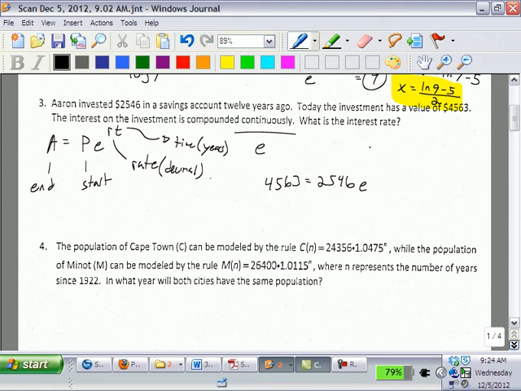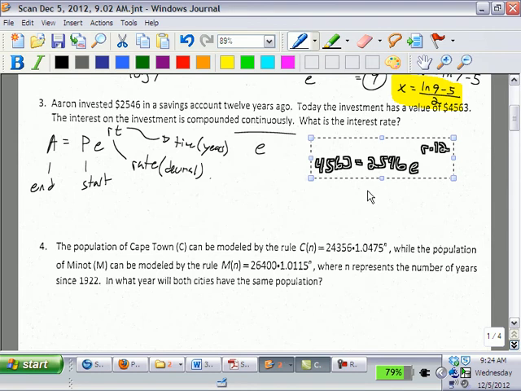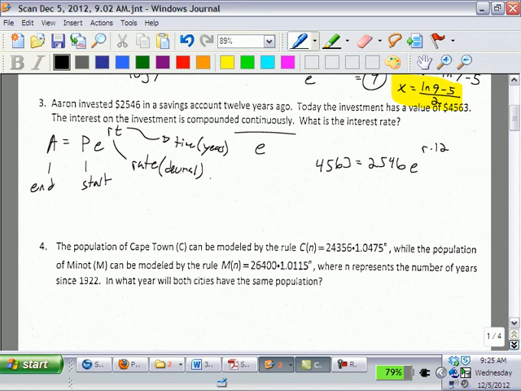Do we know R? Okay. So, you've built the model. Now we're looking to solve.